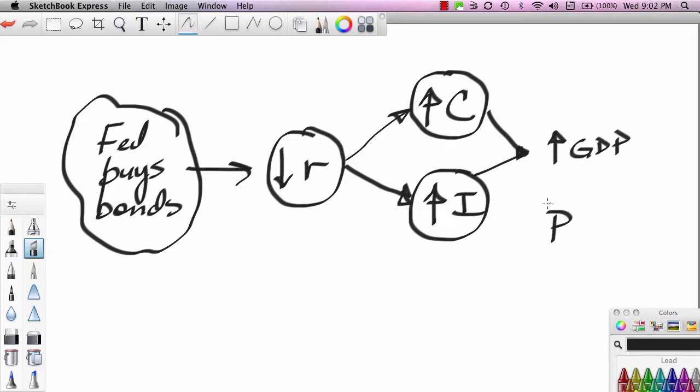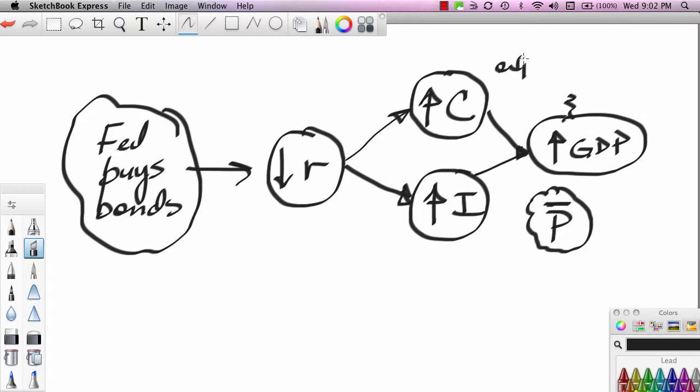Now we're ignoring prices here, and this could be a consequence of this action. We could end up having higher prices. But right now we're going to ignore the price level effect, and so this is expansionary. When the Fed is engaging in expansionary monetary policy, it's engaging in a policy that is expansionary with respect to GDP.